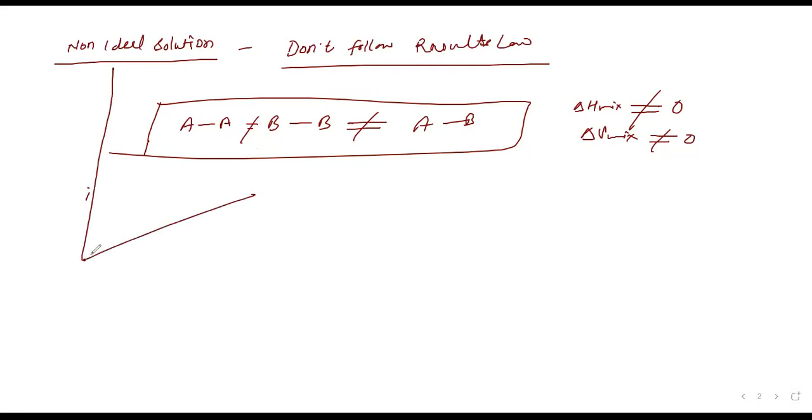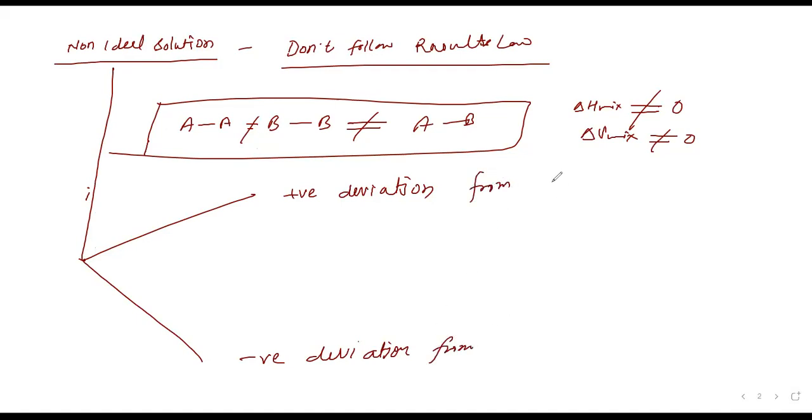One is positive deviation, and the second is negative deviation. Deviation from what? The ideal vapor pressure, that is, from Raoult's law.